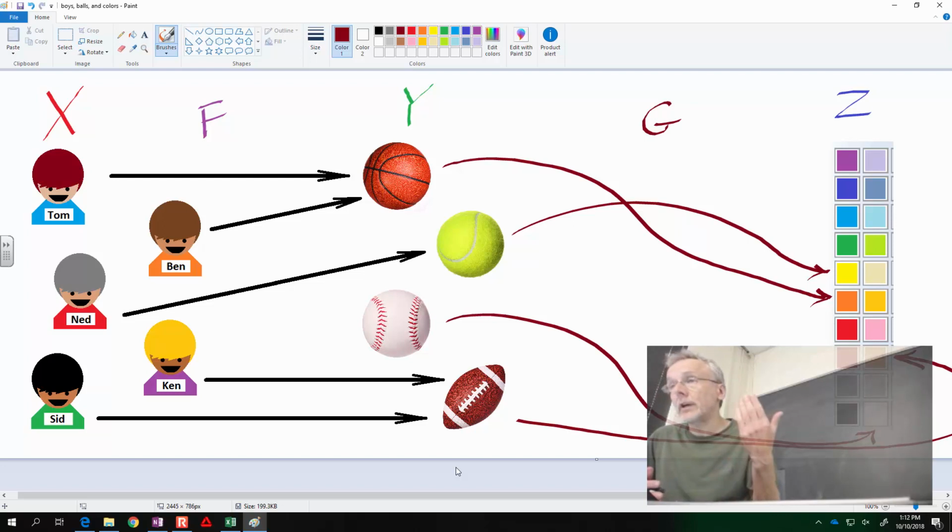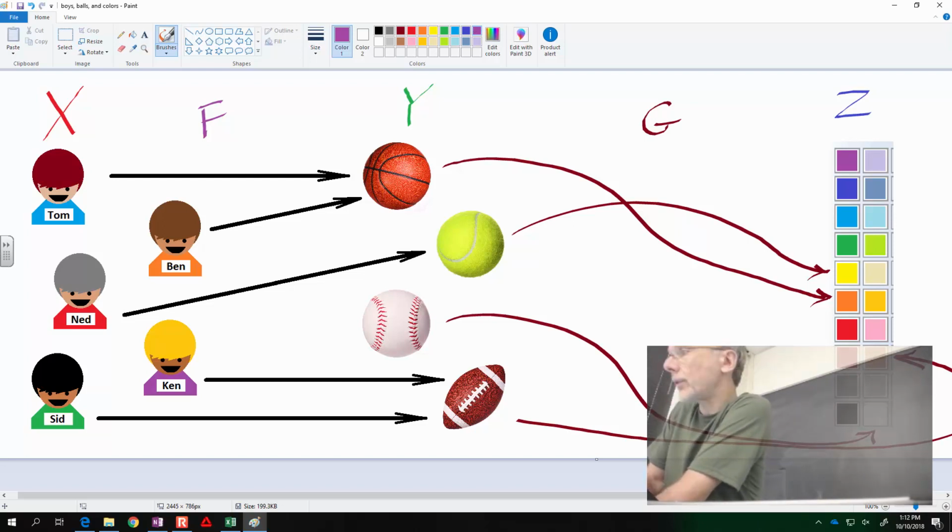So there's a correspondence between boys and balls, and then there's a correspondence between balls and colors. What about the correspondence between boys and colors? We just follow the arrows. We just follow the arrows like this.